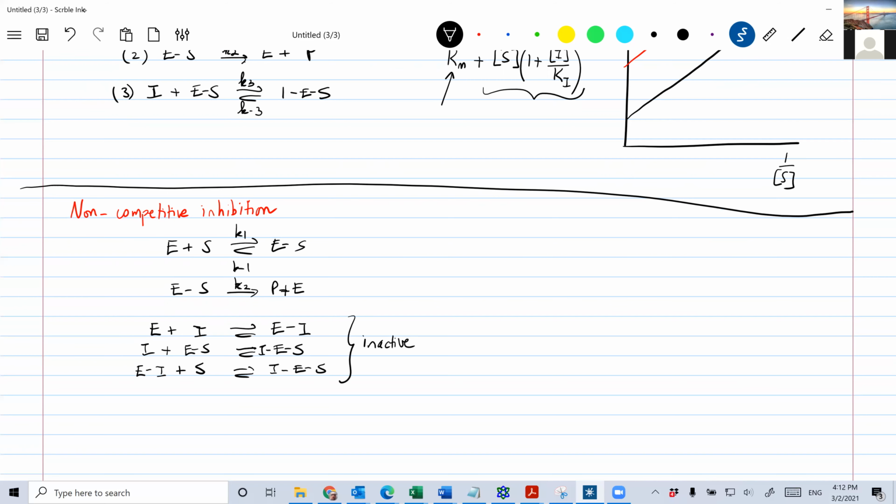People often refer to this non-competitive inhibition as mixed inhibition because it has both competitive and uncompetitive inhibition. And the math to do this is a bit more involved because of all the forms of the total enzyme. So the total enzyme concentration is going to be the addition of all of these.